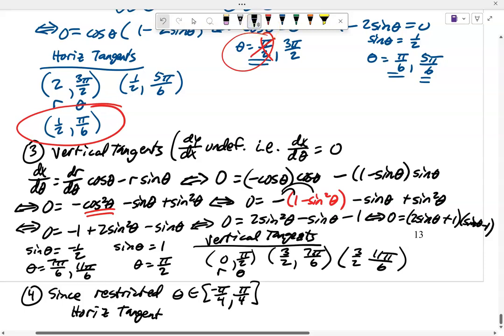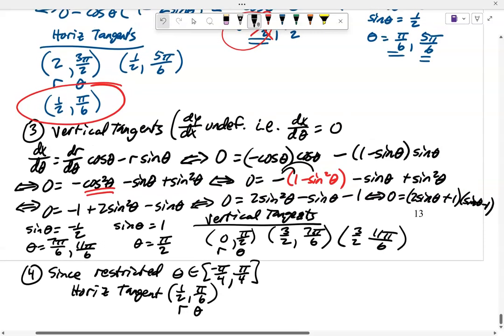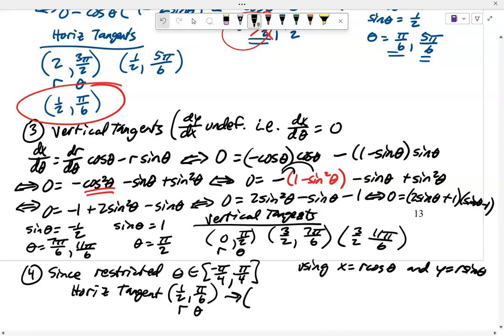So the horizontal tangent is 1/2 and pi 6 for my r and my theta. Okay. Now using x equals r cosine theta and y equals r sine theta, you could get the xy value. That would be this x and that y.